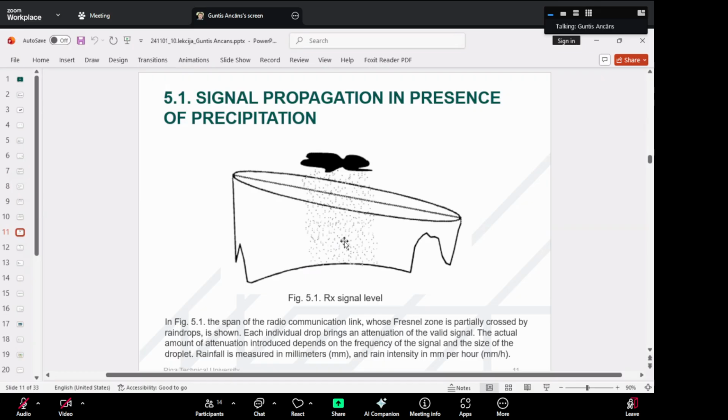Each individual drop brings an attenuation of the signal. The actual amount of attenuation introduced depends on the frequency of the signal and the size of the droplet. Rainfall is measured in millimeters and rain intensity in millimeters per hour.